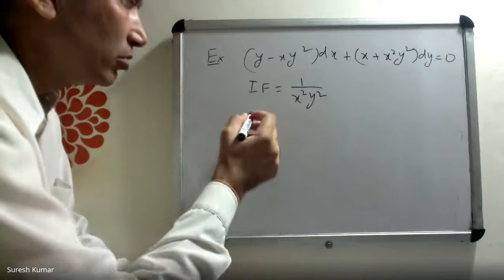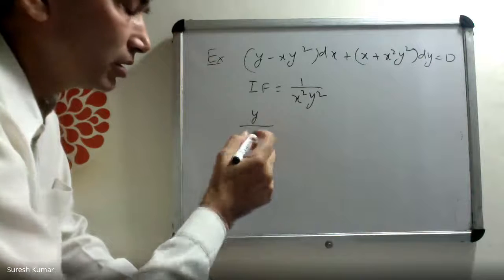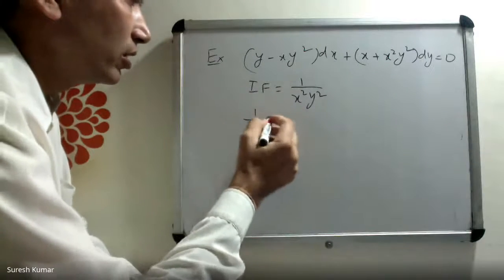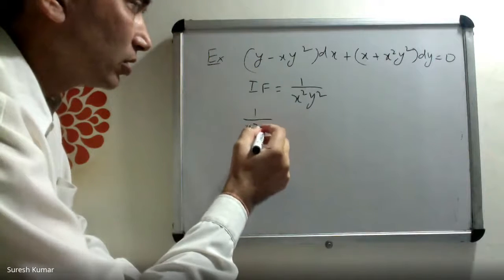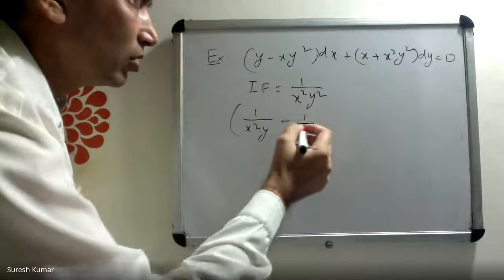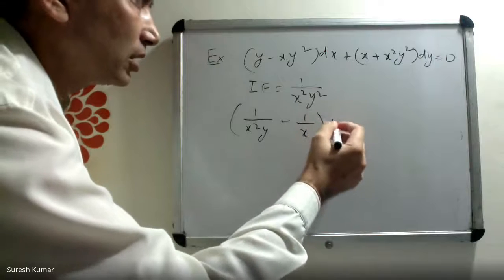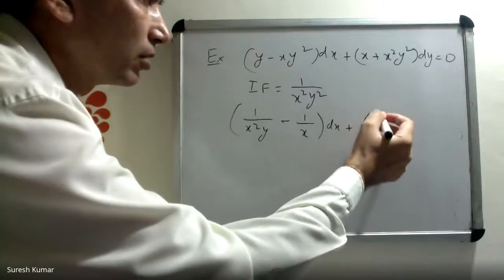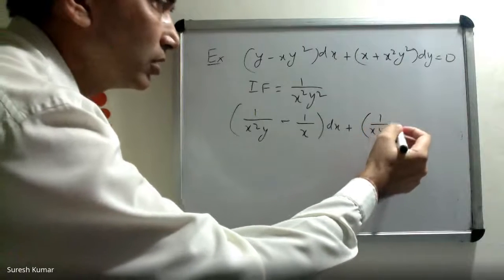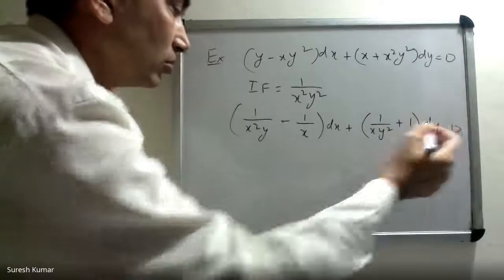Why are you able to think it? Because now if I divide it throughout by x square y square, then what do I get? 1 over x square y dx minus 1 over x dx plus 1 over xy square plus 1 dy equal to 0.